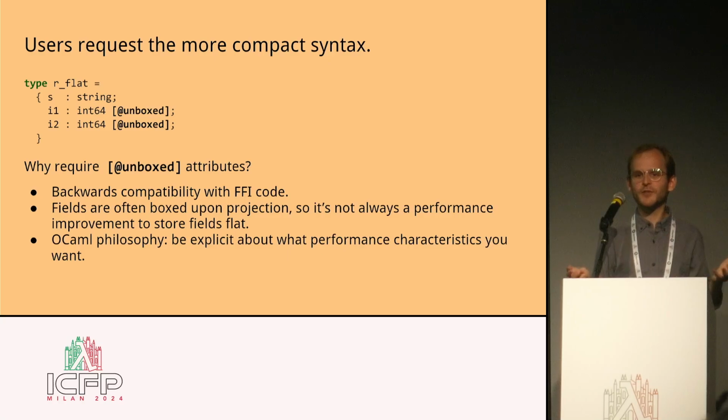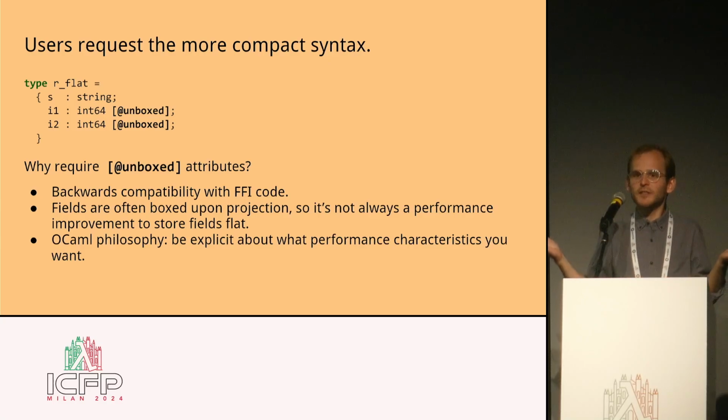We've decided not to do this and instead opted for a style where the user explicitly requests this shape of object. There's a couple reasons for this. One of them might be that users may have written external C code that is tied to the actual runtime representation of values.